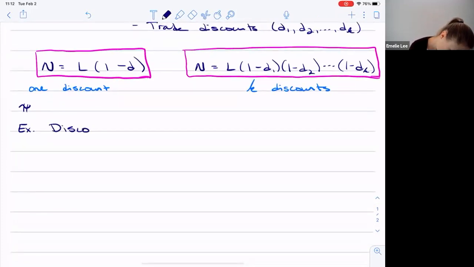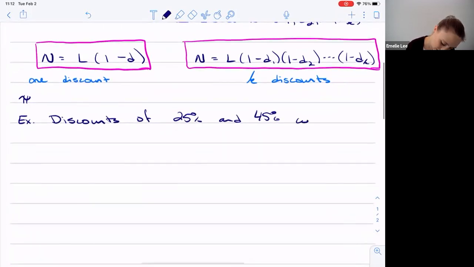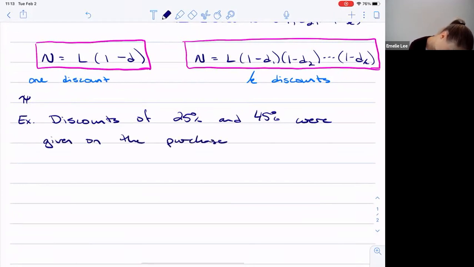So discounts of 25% and 45% were given on the purchase of wine, or in my case, jeans.